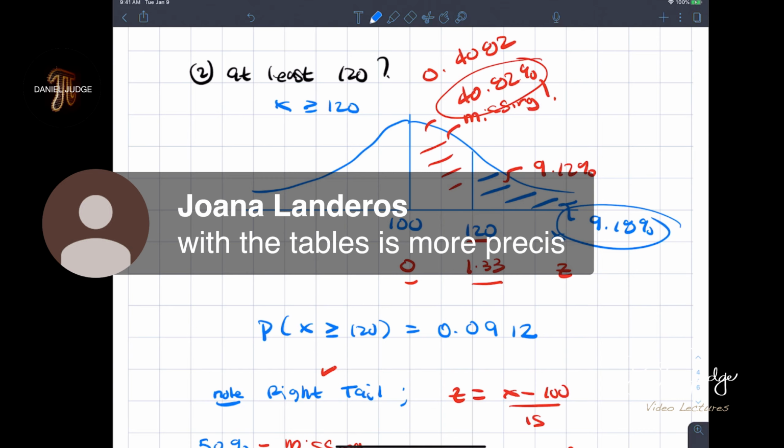And the problem is when you start doing arithmetic with approximations, you go further and further away from the actual value. When you approximate and you start adding, subtracting, multiplying, dividing, the accuracy gets worse and worse. So I think the calculator is actually a bit more accurate, in all honesty.